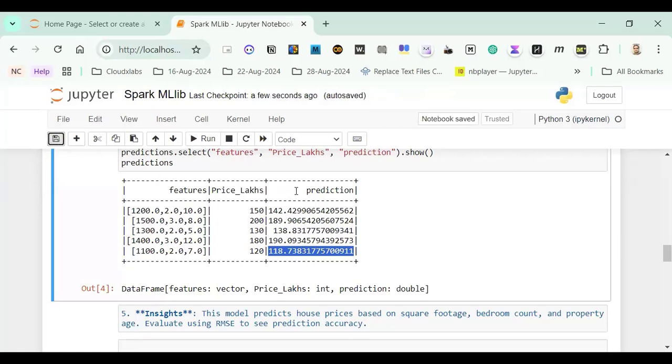Now the value we are getting from the model while predicting is called the prediction. This is the data we have in our output, and we are comparing this versus this. Okay.